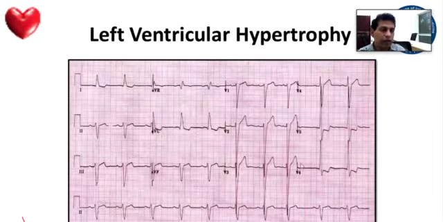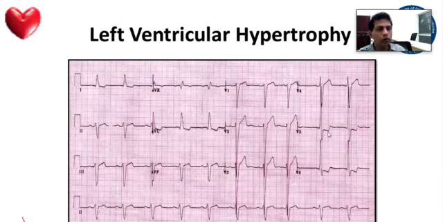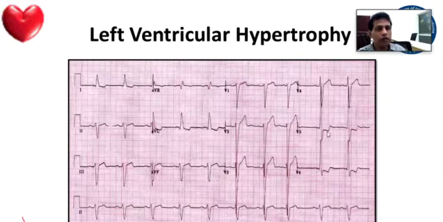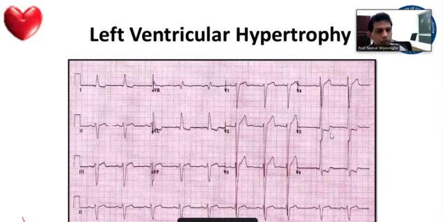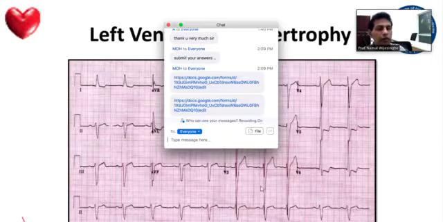That is not LVH. To diagnose LVH, together with the electrical criteria I mentioned, that is tall R wave and deep S wave, you also have to have a repolarization criterion, that is ventricular strain. Then the specificity of your diagnosis improves.